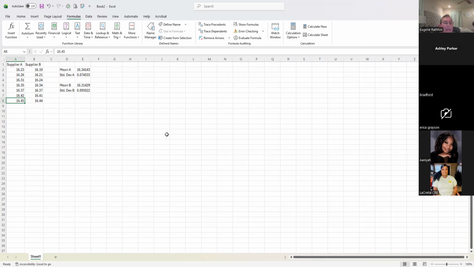Now we want the median of this whole thing. So up here, I'm going to do median A. Then we'll do the lower quartile. And then we'll figure out our upper quartile.